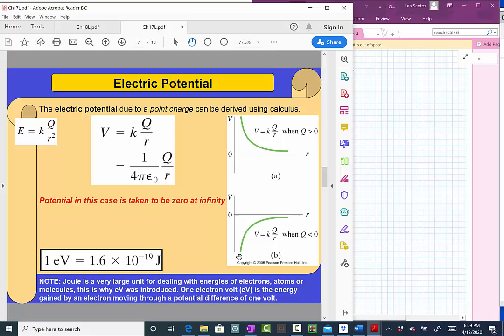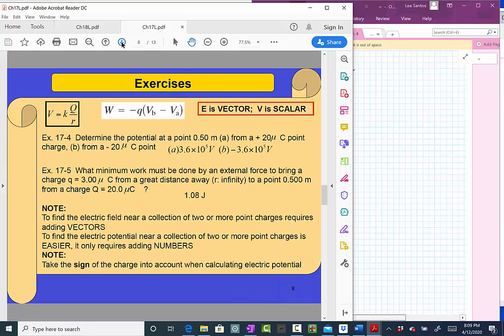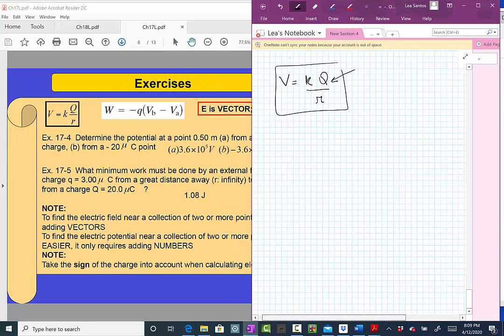Initially, the magnitude is very large, but a minus value. So very close to the charge the magnitude is very large, but negative. And as we move away from the particle, it becomes smaller and smaller. Anyway, all this to say that in this equation, the sign of the charge has to be written.